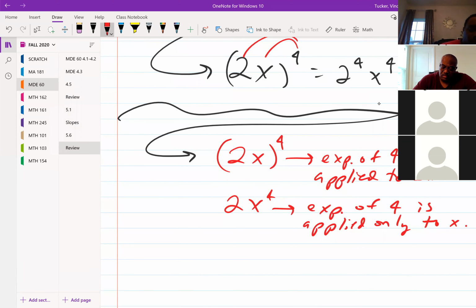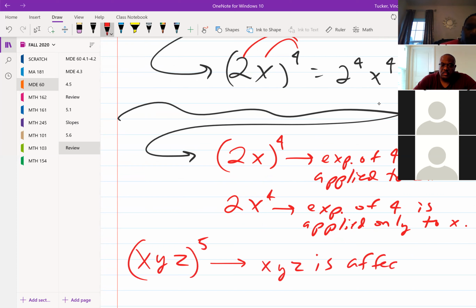Same thing as if I have (xyz) to the 5th power. Here, xyz is affected by the exponent.